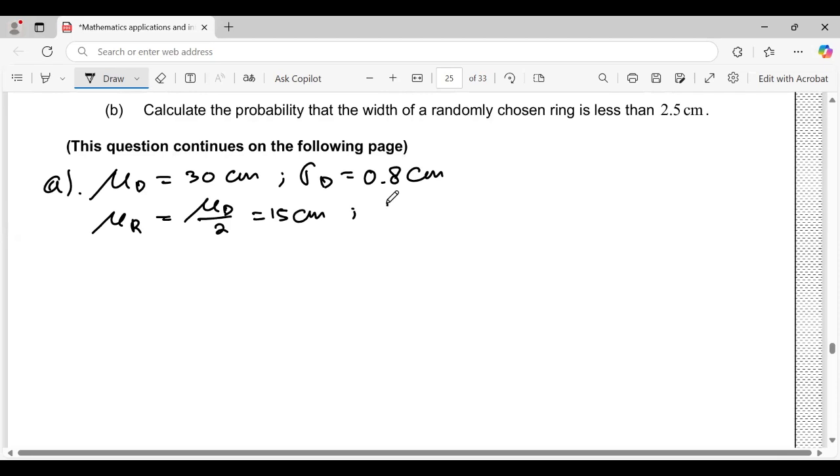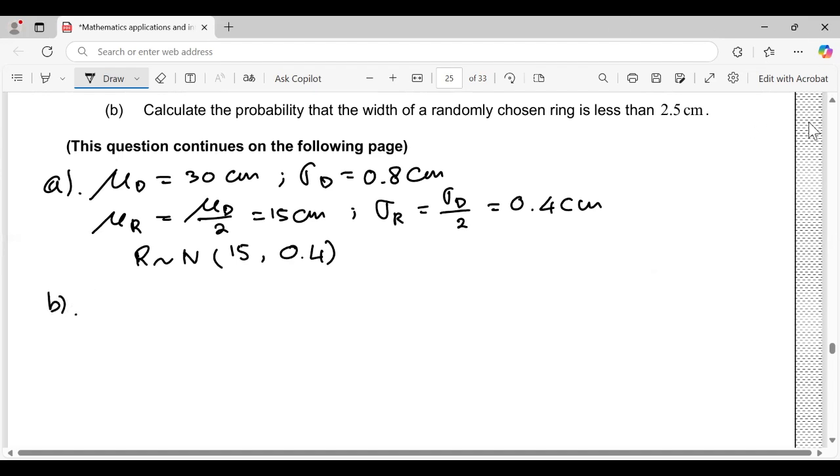And the standard deviation of the radius is the standard deviation of d divided by 2, equal to 0.4 centimeters. So we can state that the distribution of the radii is N(15, 0.4).